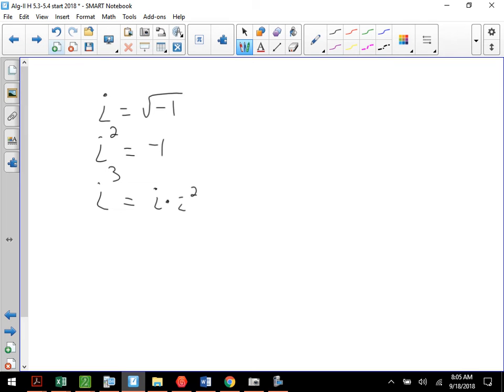Square root of -1. So this is technically -I. It's the same thing as saying -1 times the square root of -1. But what's the square root of -1? I.